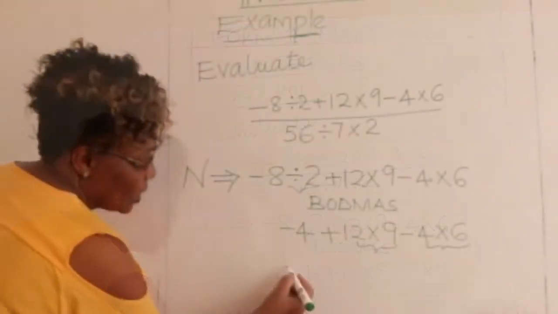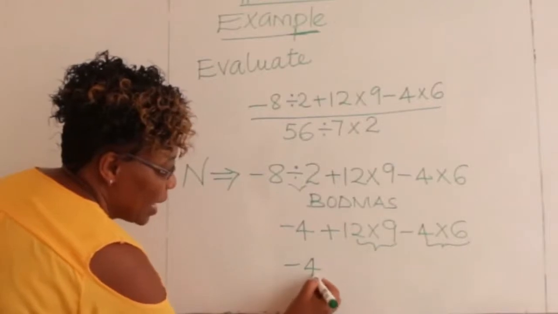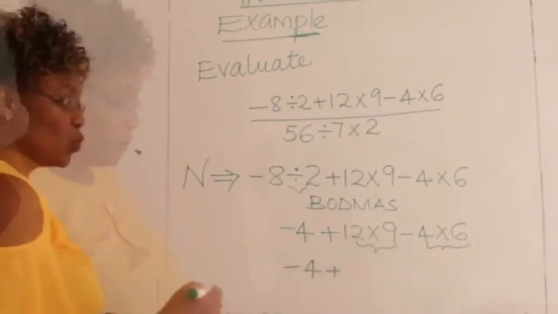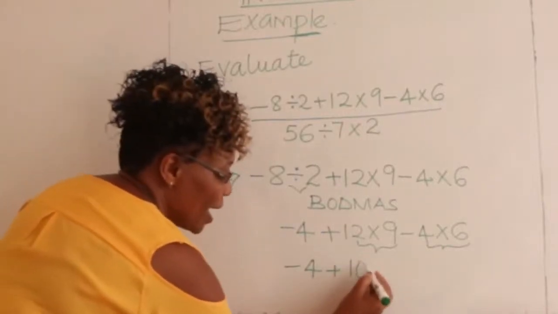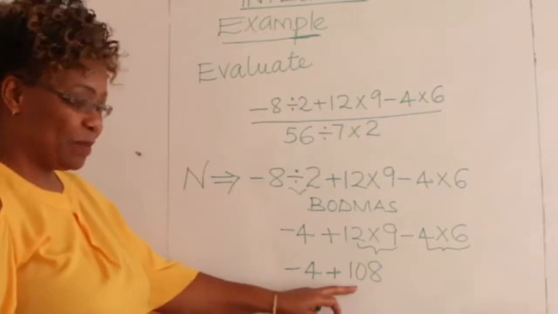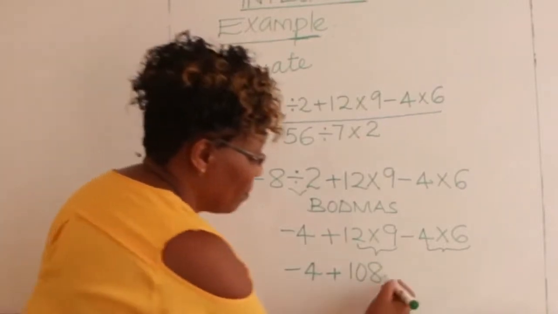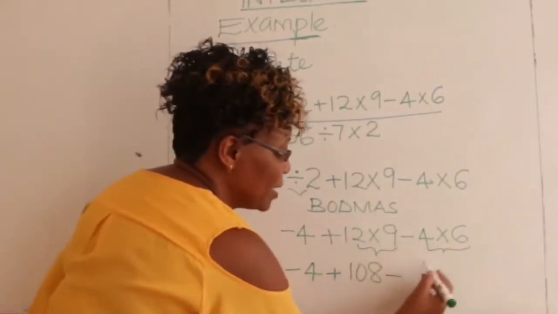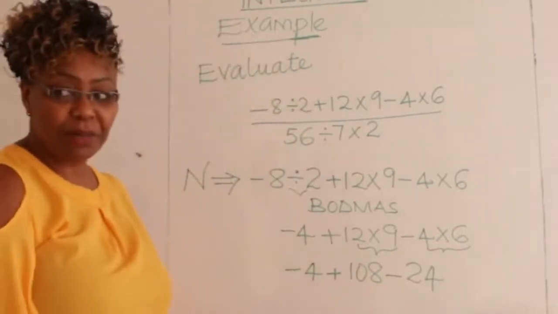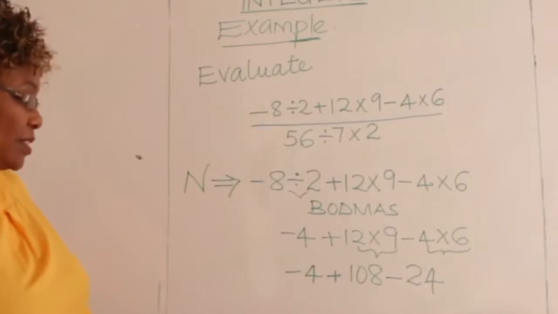So what do you get? This will remain as minus 4, plus 12 times 9 gives you what? 108. Then minus 4 times 6 will give you 24.